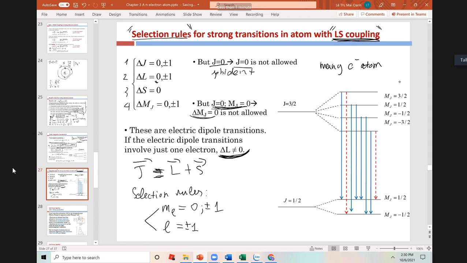However, in the normal transition, you need to remember that delta L is only equal to plus or minus 1. It is similar to the condition below. So in this case, you remember the transition is usually equal to plus or minus 1.